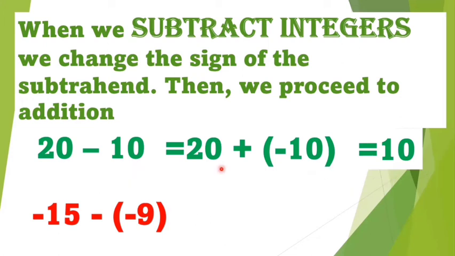Okay, next, we have now the negative 15 minus negative 9. Hanapin ang subtrahend, that is negative 9. At kung napapansin nyo, negative 9 becomes positive 9 and our minus operation becomes plus. And then, here, we focus on the signs. They have different signs.